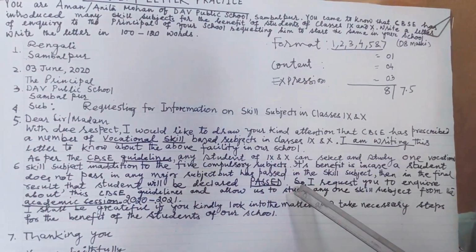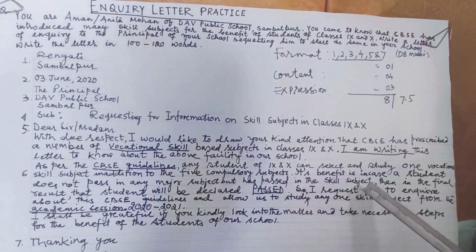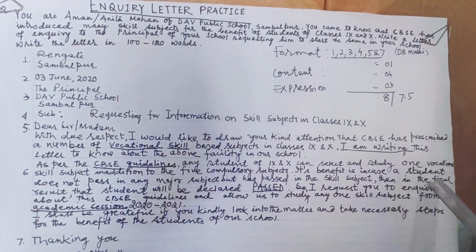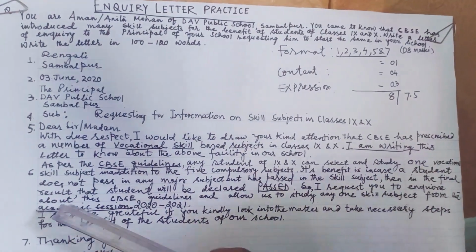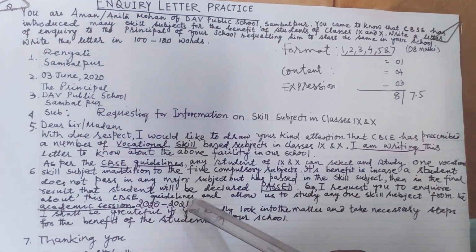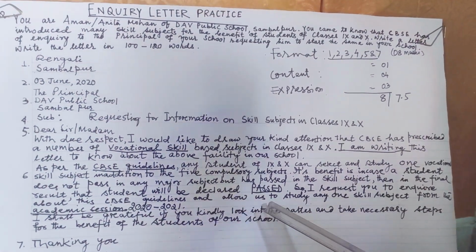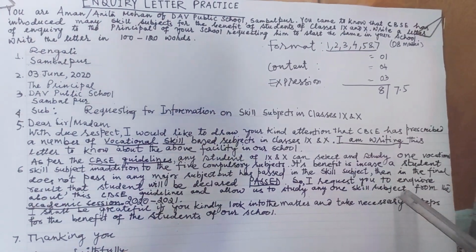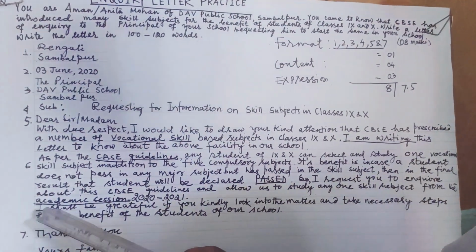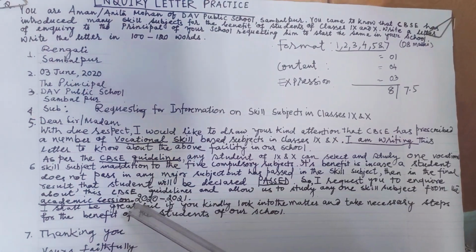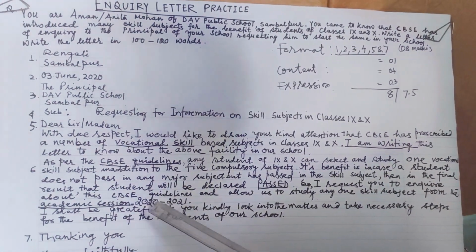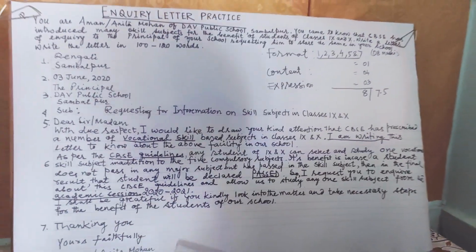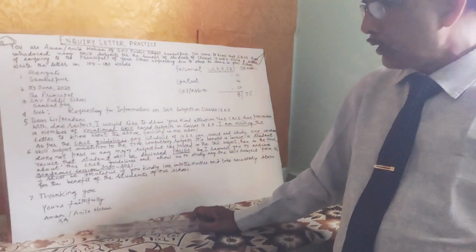So, I request you to inquire about these CBSE guidelines and allow us to study any one skill subject from the academic session 2020-2021. Now students, I would like to share one thing here.